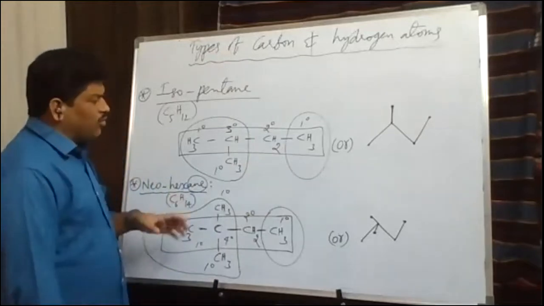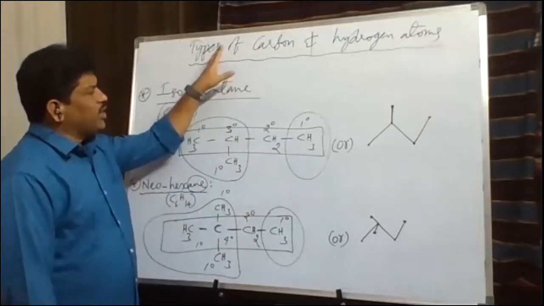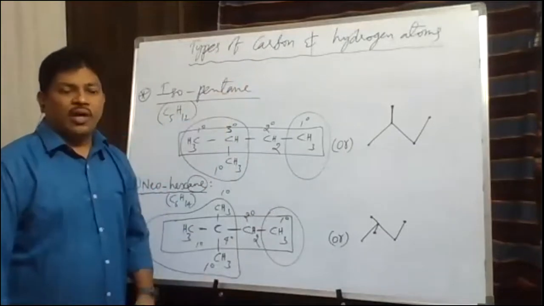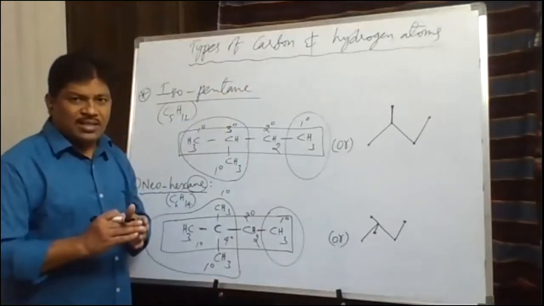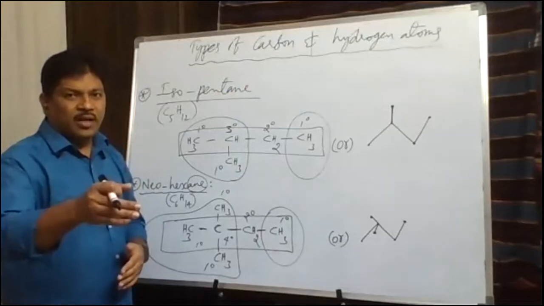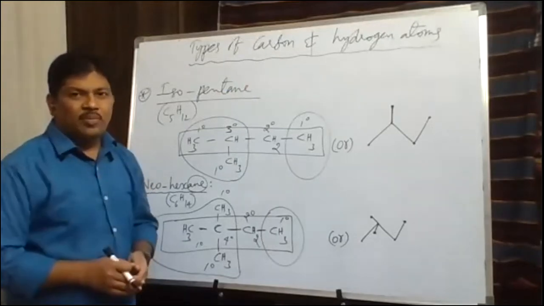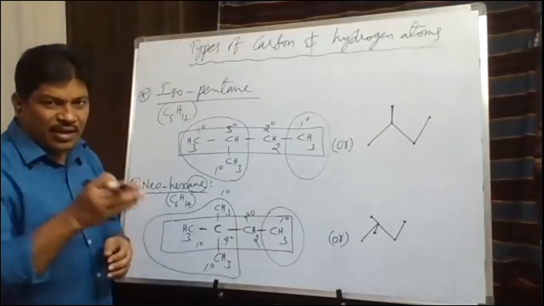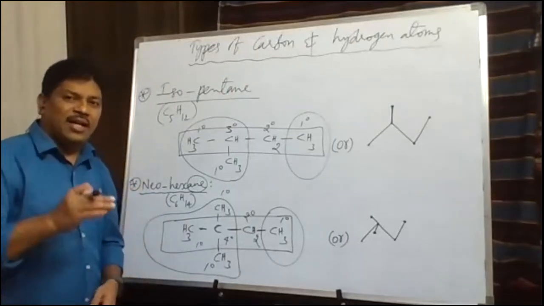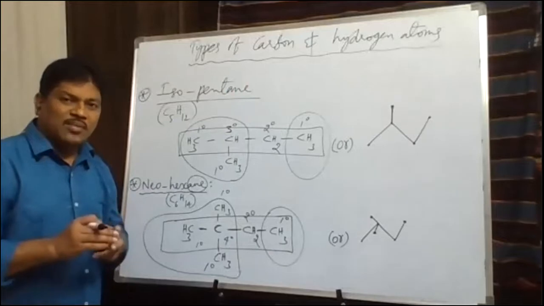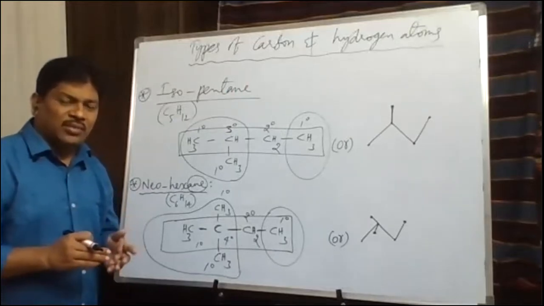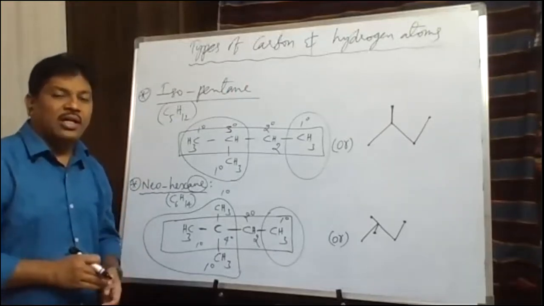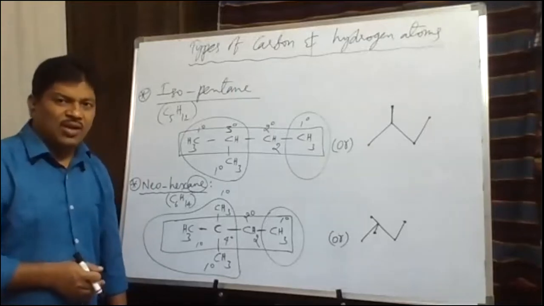Okay. Next thing we have to understand is the different types of hydrogen atoms. If the hydrogen atom is attached to a primary carbon atom, those hydrogens are called primary hydrogens. If hydrogen atoms are attached to a secondary carbon atom, they are called secondary hydrogens. If the hydrogen atoms are attached to a tertiary carbon atom, they are called tertiary hydrogens, 3 degree hydrogens.